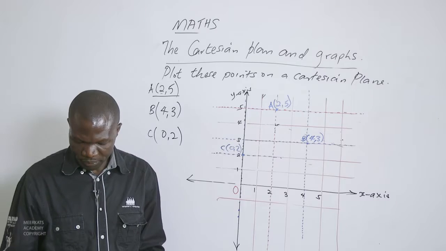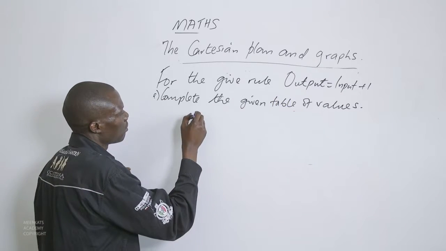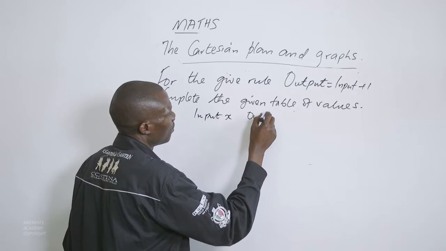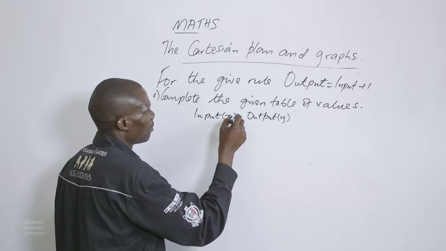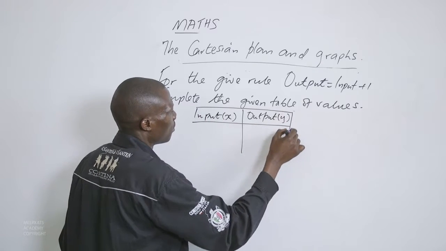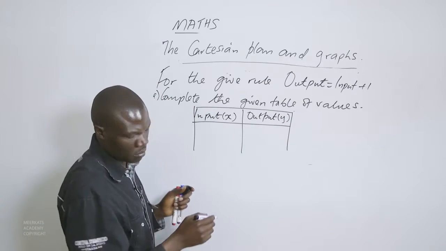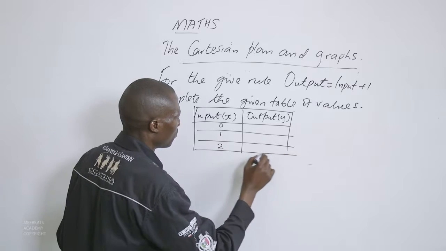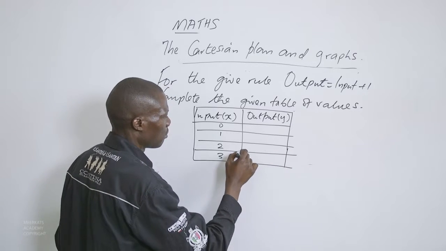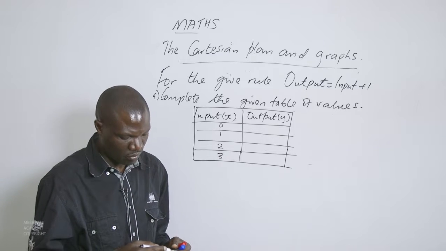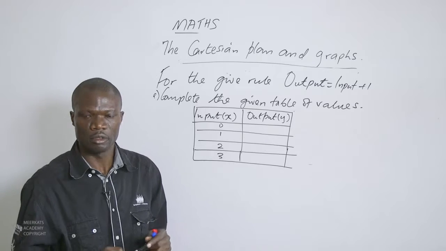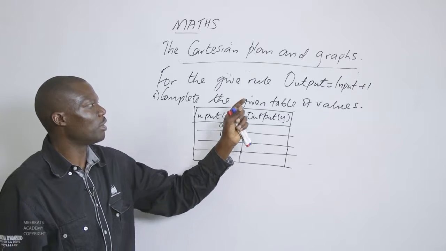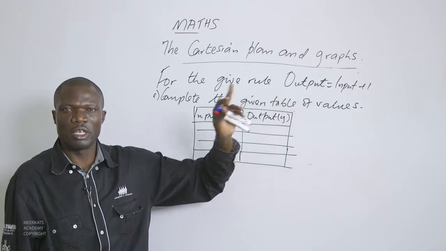Now, the next question. So from this table of values, we have the rule output is equal to input plus 1.